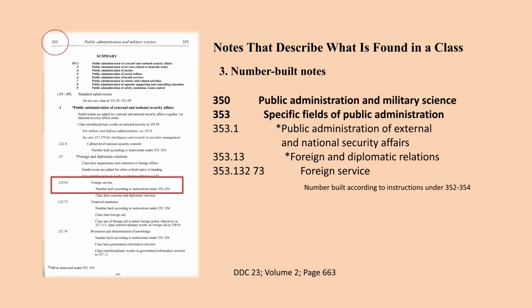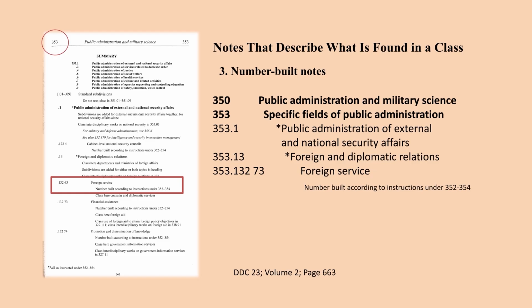Next, the third one is number build note, under notes that describe what is found in a class. So if we go to class number 353 in page number 663 of volume 2, we will get 353.1, that is Public Administration of External and National Security Affairs. Under 353.1, there is 353.13, which is Foreign and Diplomatic Relation.